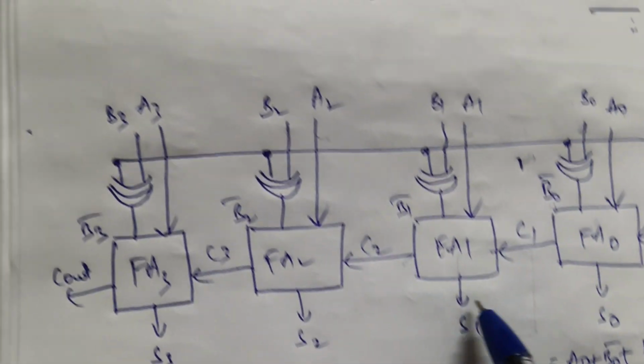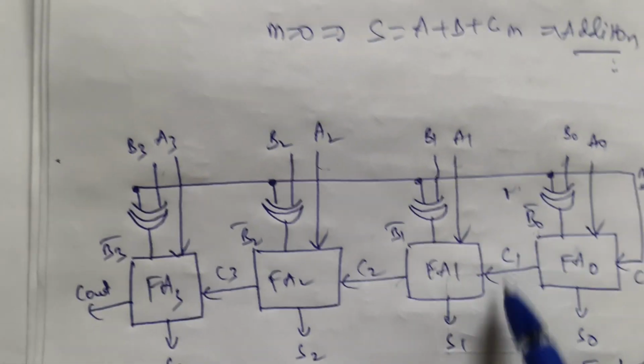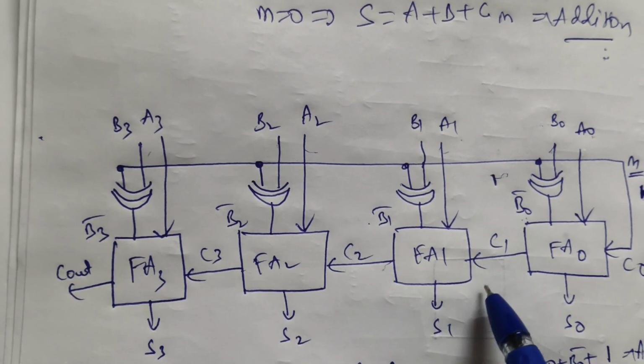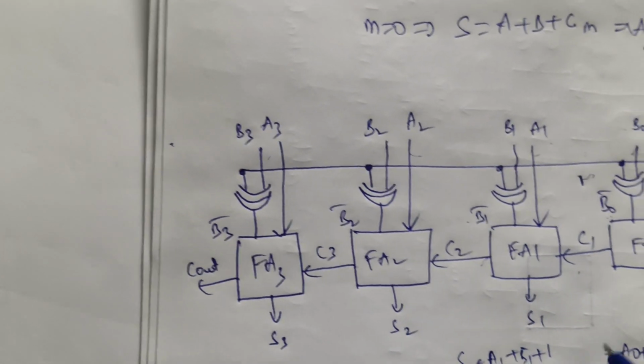Similarly, for FA1, what is the output? S1 is A1 plus B1 bar plus previous carry.